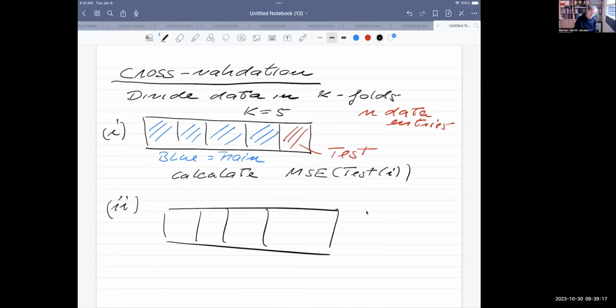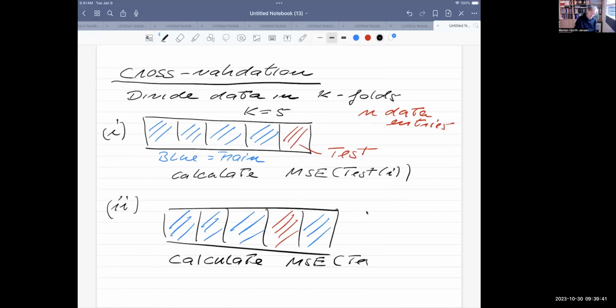But now the test case could be this one. And we have the train data, which are given by these other data slots. And again, what we will do now is to calculate, in this case, the MSE for test, for this case 2 here.